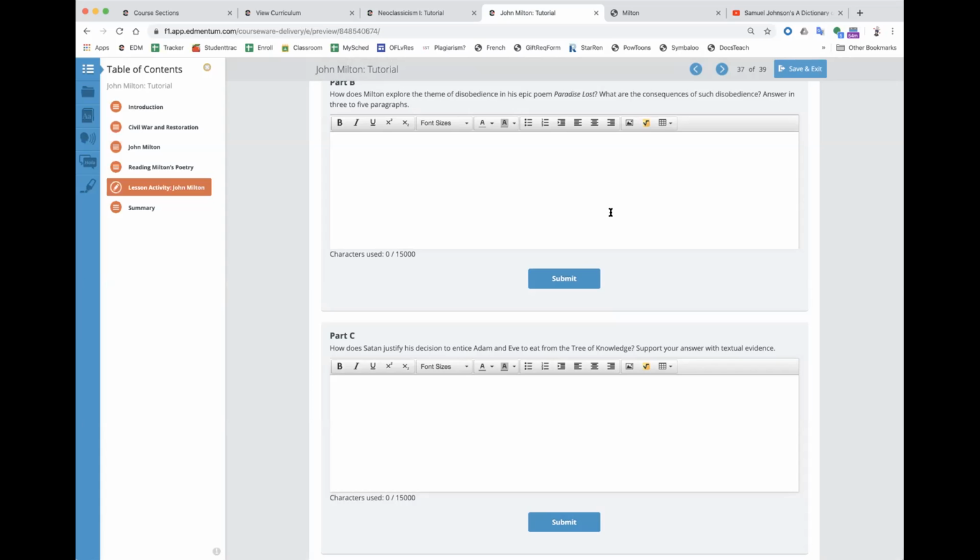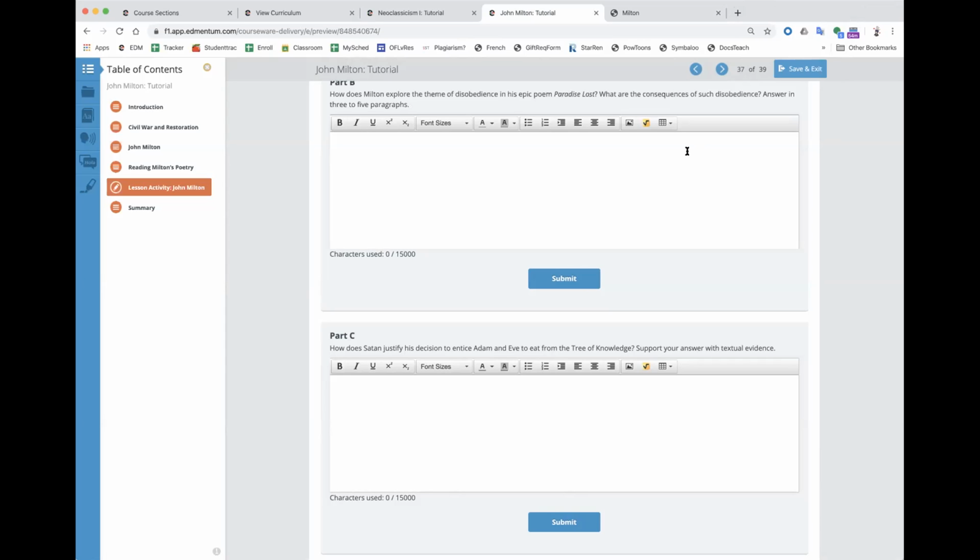The major theme of the poem is the idea of disobedience. It really starts out with the disobedience of Satan and his followers, and that's why they're cast out from heaven, because they were jealous of God's creation of man. They're cast out, and then they want to disobey God's orders and continue to rebel against God.